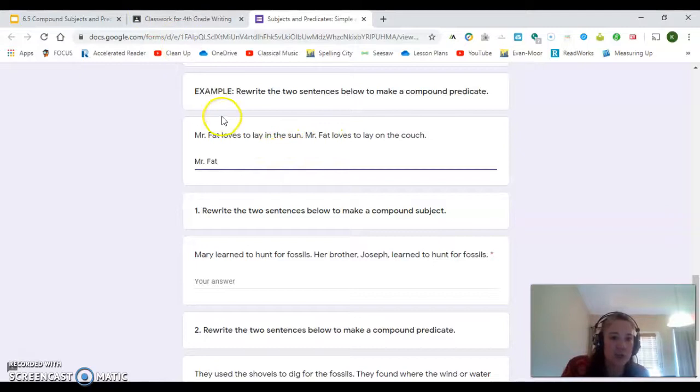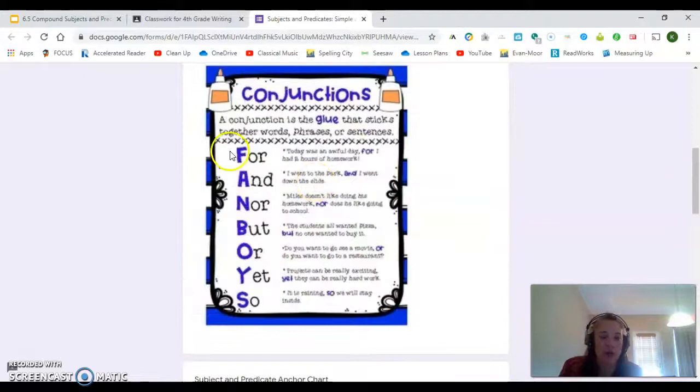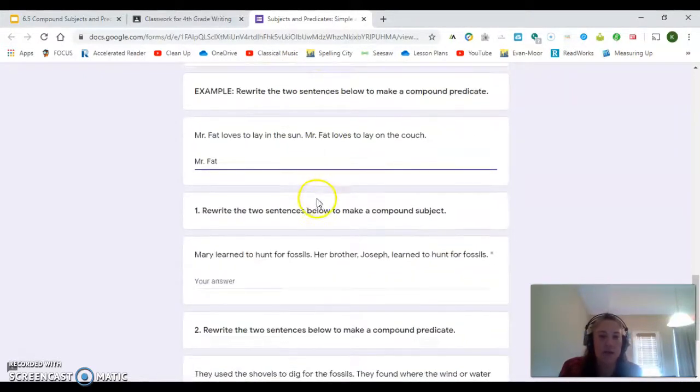Now I need to look at the predicate. Loves to lay in the sun, loves to lay on the couch. I'm going to put those 2 things together with a conjunction. Okay, well, I'm listing things out that he likes, so I'm going to say and. So Mr. Fat loves to lay in the sun and loves to lay on the couch.